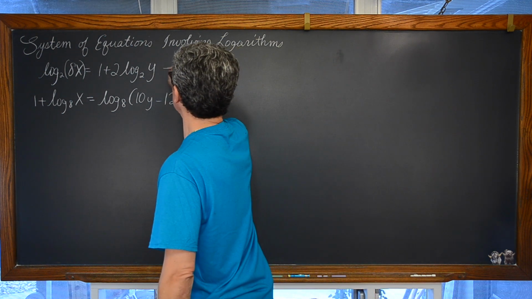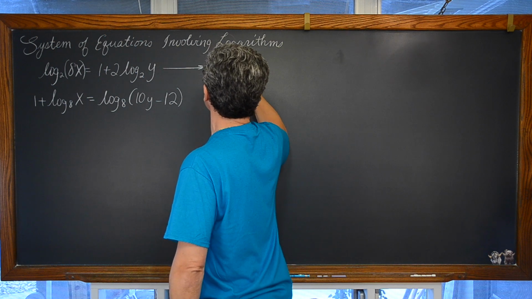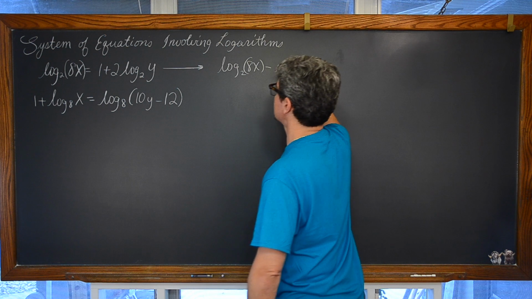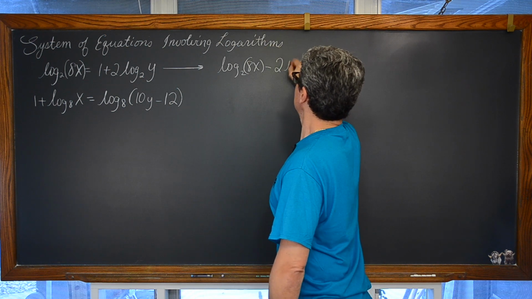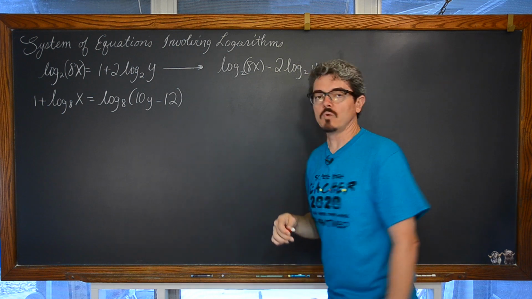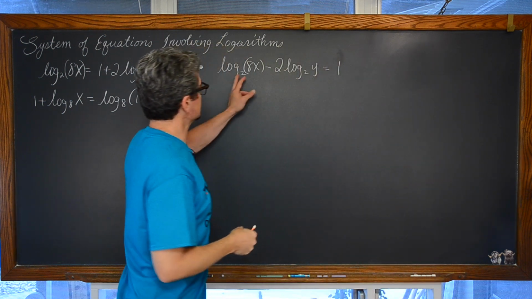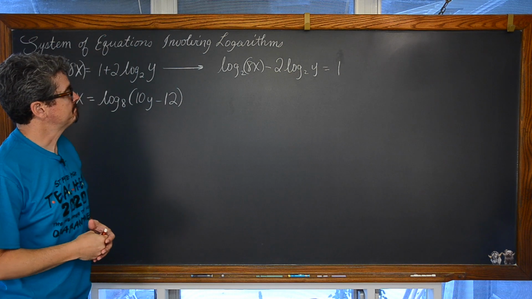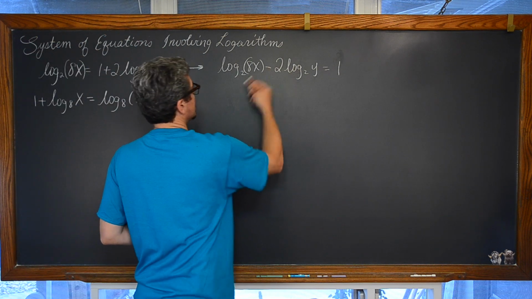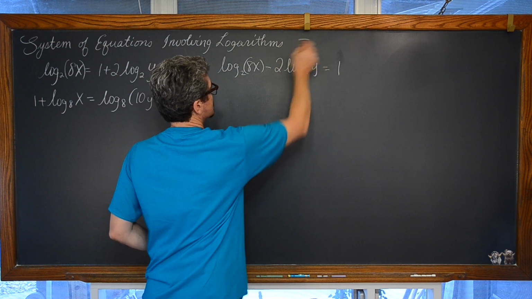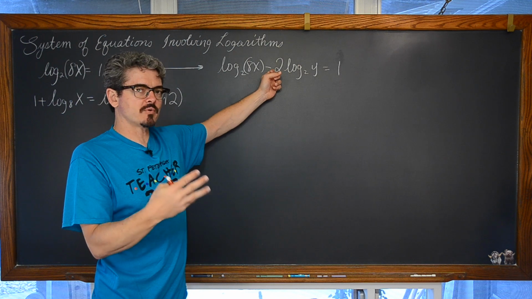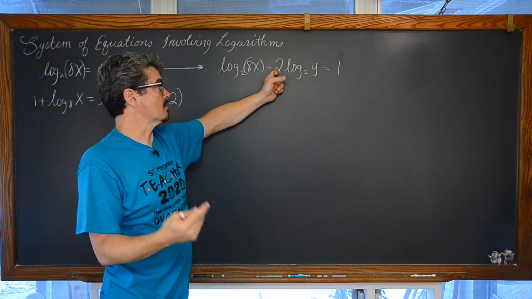Either we can take this equation and write it as log base 2 of 8x minus 2 log base 2 of y is equal to 1. Now, if we do that, we see we have a subtraction of 2 logs of the same base, and we can therefore bring this together after bringing this 2 up as a power, because you can't use the division property for condensing logarithms unless your coefficients are 1.